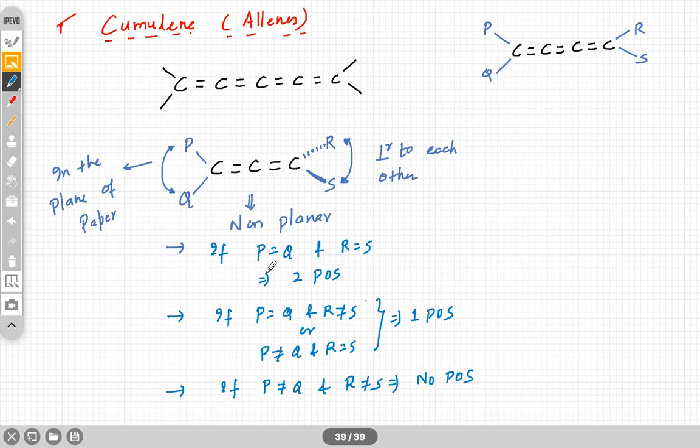So here we have the planes of symmetry: P equals Q, R equals S, one plane of symmetry is this, and one plane of symmetry is this, for P equals R and Q equals S.